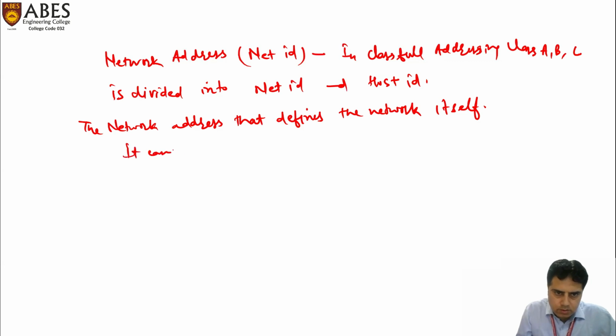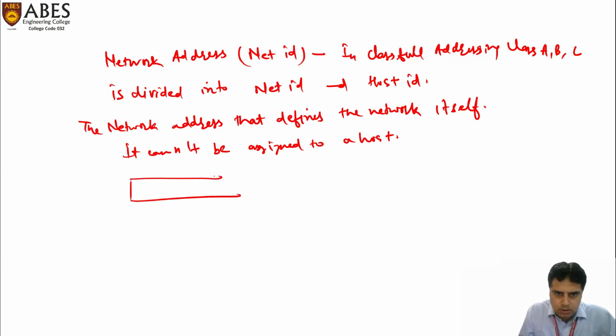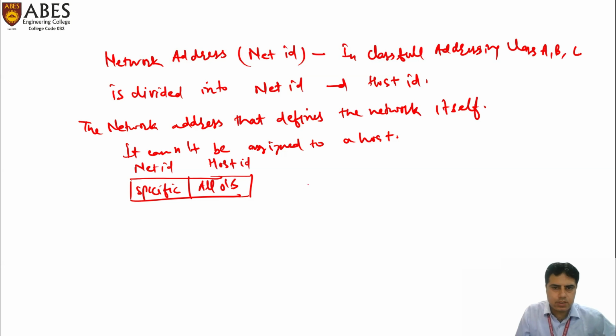It cannot be assigned to a host. For example, for this network ID, this is net ID, this is host ID. So this is specific, and for host ID, all are zeros. So the first address of any class represents the network itself.